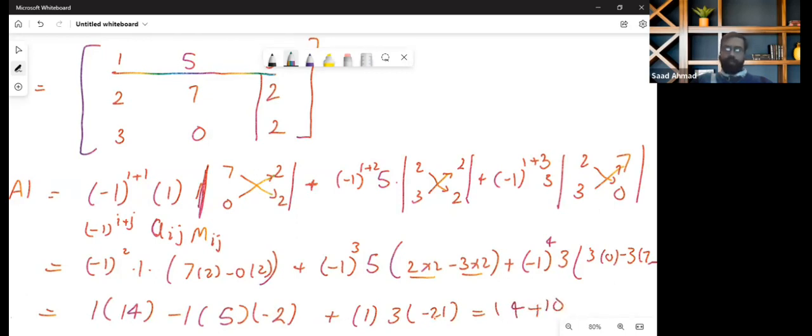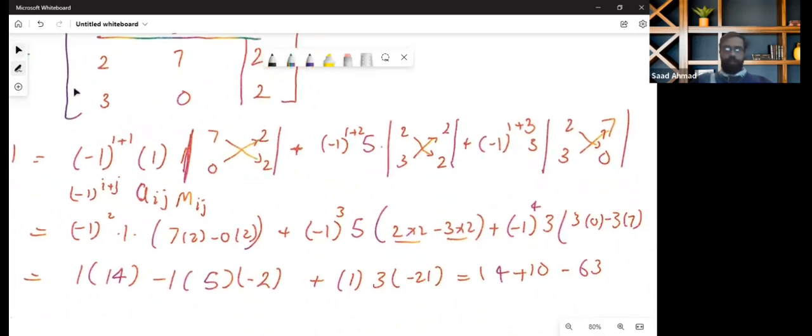And positive times minus is negative, so 3 times 21 is minus 63. Then all we are left with is to add them. So let's add them: 24 minus 63.